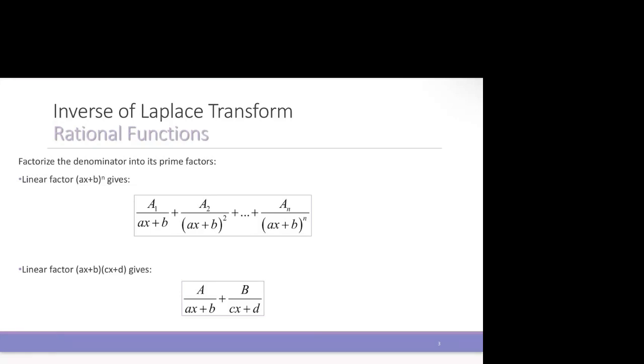Before we start with the properties of the inverse Laplace transform, which concerns rational functions, first we will discuss what a rational fraction is. A rational fraction is a function that consists of a fraction.